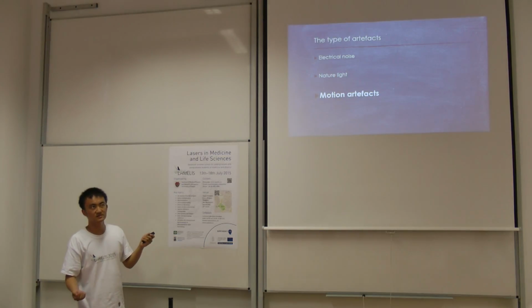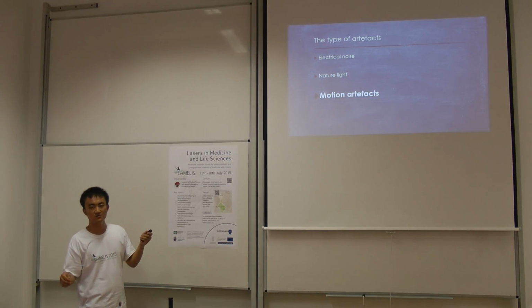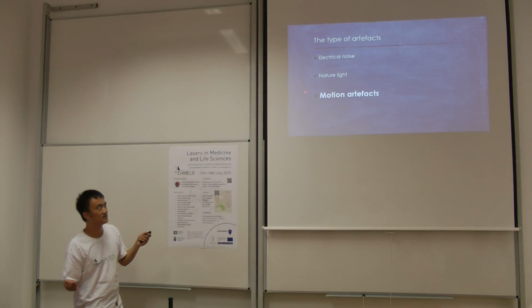Also, sometimes if you use the device in front of a computer, the screen will affect the detector. The second is natural light, which is easy to understand. The first two are easy to avoid, or easy to decrease the effects of.